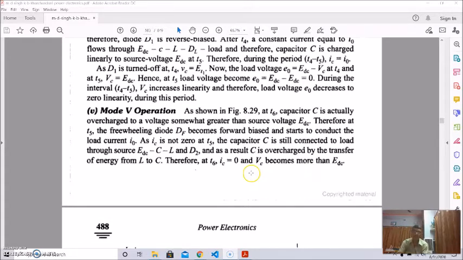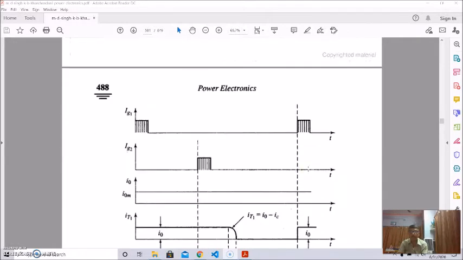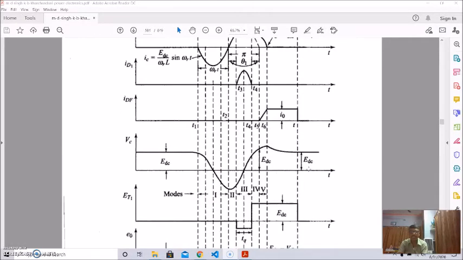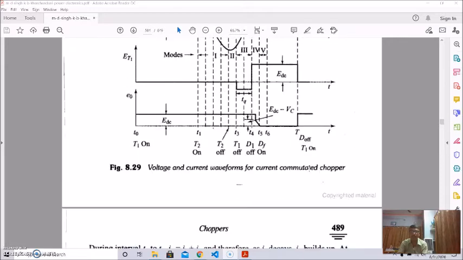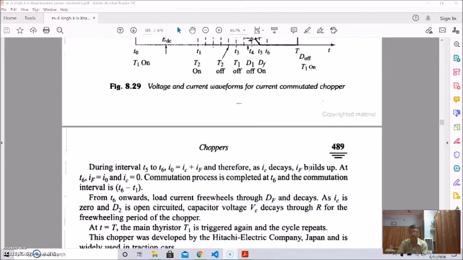As IC is not 0 at T5, the capacitor C is still connected to the load through EDC, C, L and D2, and as a result C is overcharged by the transfer of energy from L to C, and therefore at T6 IC equals 0 and VC becomes more than EDC. Everything is discussed in this waveform of the current commutated chopper.